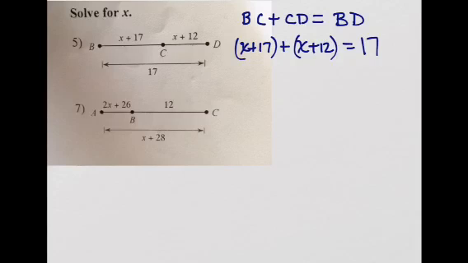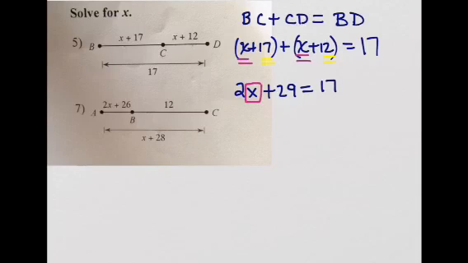So you're going to add the two x's together, and that's going to give you 2x. And then you're going to add the two constants together, 17 and 12, and that's going to give you 29. And it equals 17.